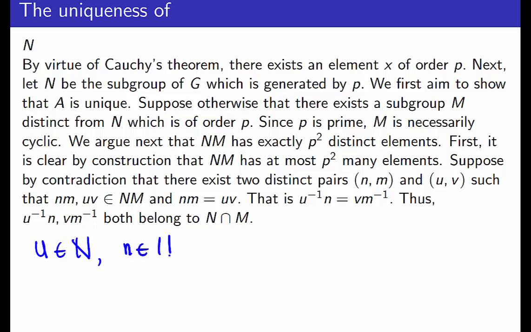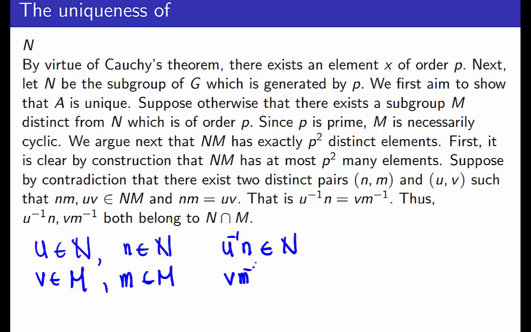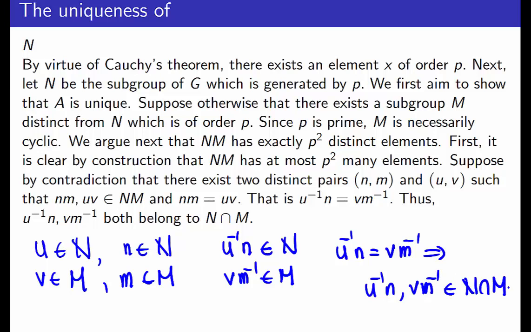And what about n? n is in big N. Now v is in M, and m is also in M. So that tells you that u inverse n is in N, and v m inverse is in M. And the fact that u inverse n is equal to v m inverse implies that both of these elements, u inverse n and v m inverse, they're the same actually, belong to N intersect M. They belong to the overlap of these groups. But the intersection of two subgroups is always a group itself. You can check this at home.